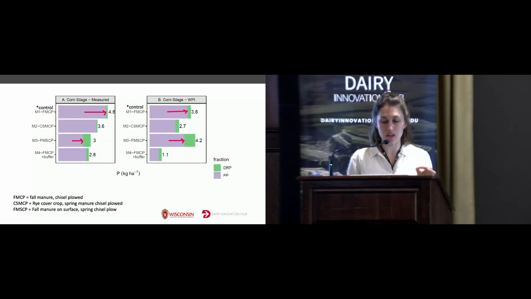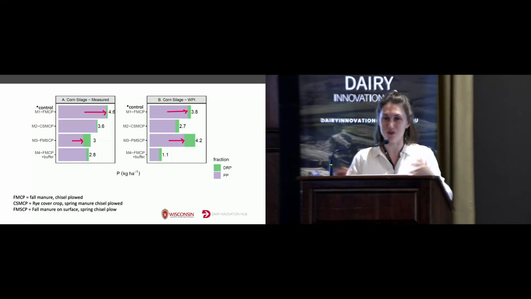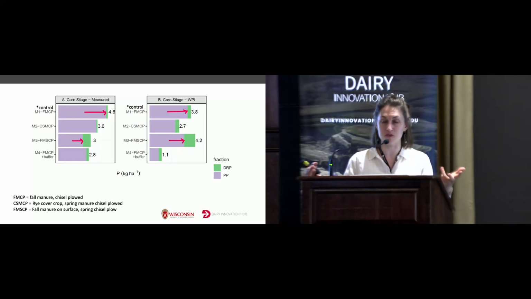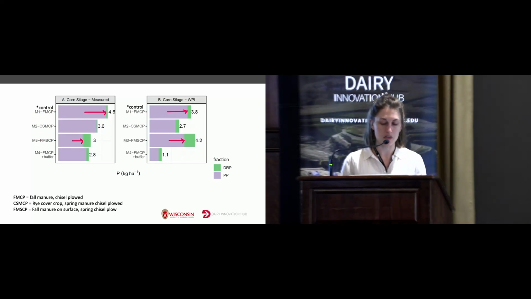The interesting thing here is that we're also tracking the increase in the dissolved fraction that we see when you leave the manure on the surface all winter. So that makes sense, right? If you put the manure on in the fall, you're leaving it on the surface, that manure is in contact with snow and with meltwater. And so we're seeing an increase in the fraction of dissolved phosphorus there, and we're tracking that with the Wisconsin Phosphorus Index too.